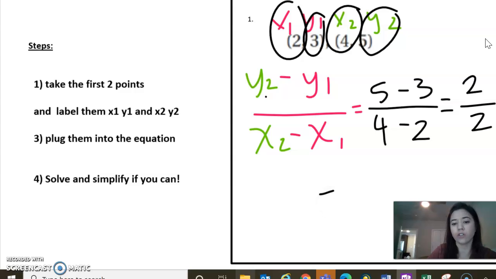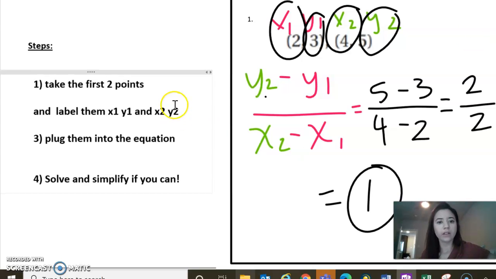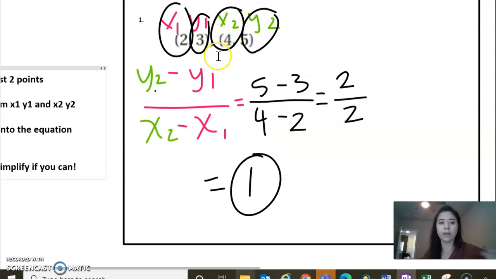And then 2 over 2 equals 1. And that's my slope. Okay? Not too shabby. Okay, y2 minus y1 over x2 minus x1. Label your points, x1, y1, x2, y2, and then plug them in and simplify if you can.